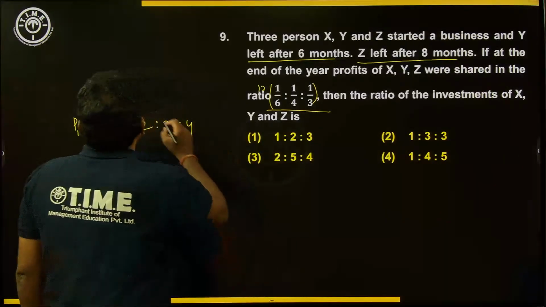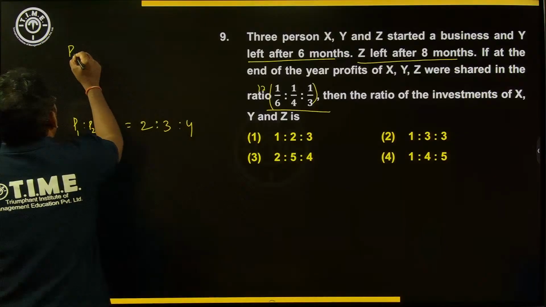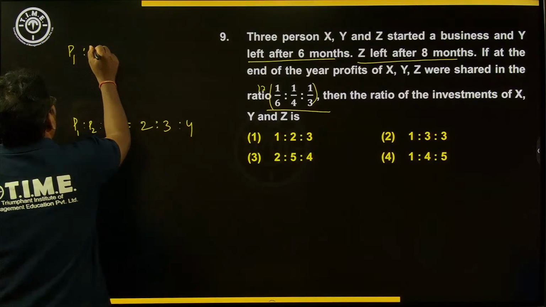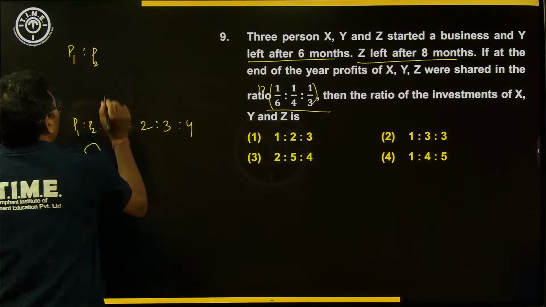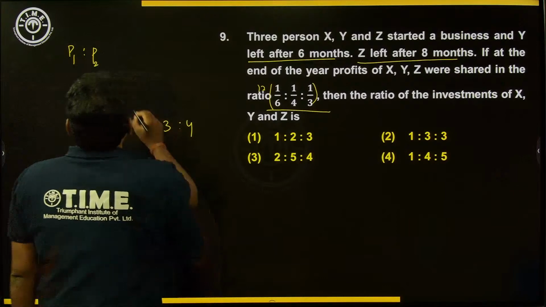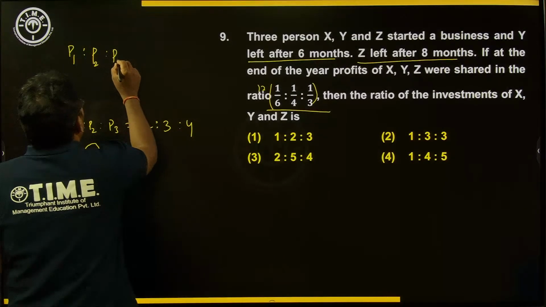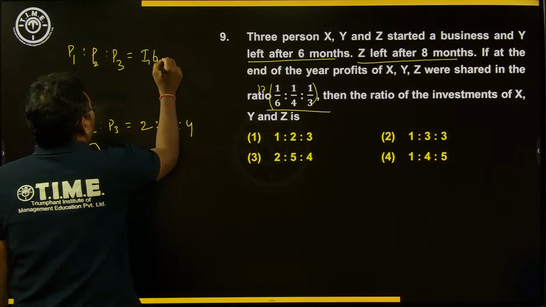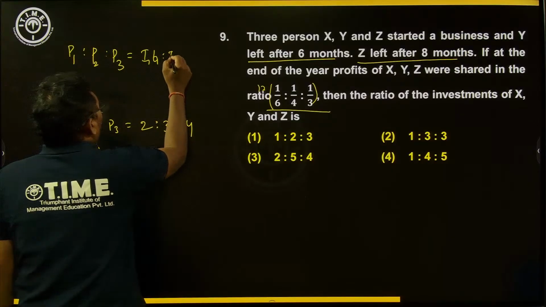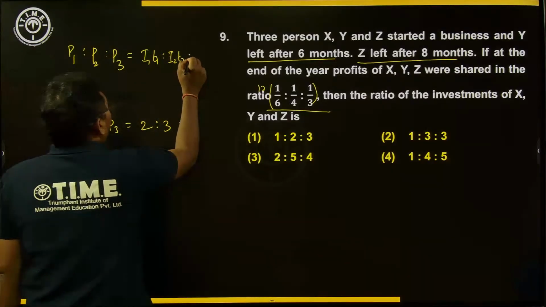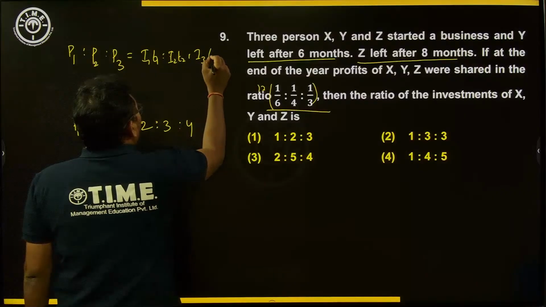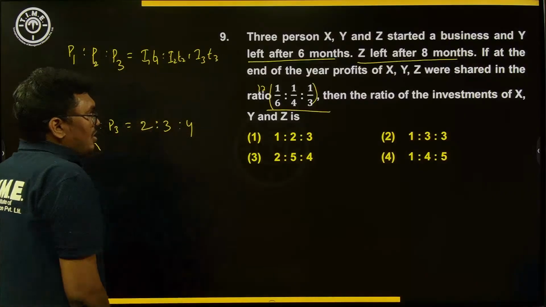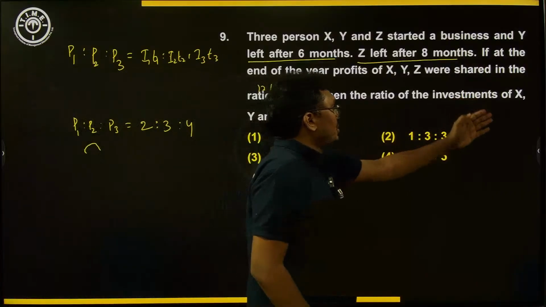Generally, if 3 persons are there, P1 is to P2 is to P3 is equal to I1 T1 is to I2 T2 is to I3 T3, right? So what you have to find is the ratio of the investments.